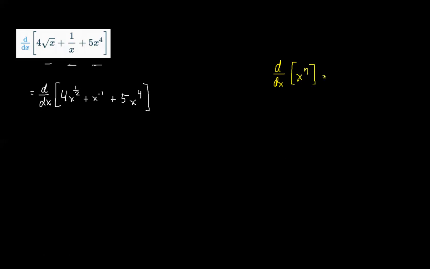So simply, if you have encountered a term that has a variable and an exponent, all you need to do is just simply bring down its exponent, copy the variable, and then the exponent above will be subtracted by 1.